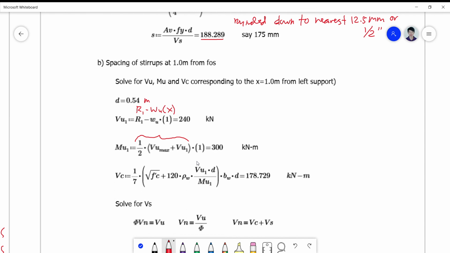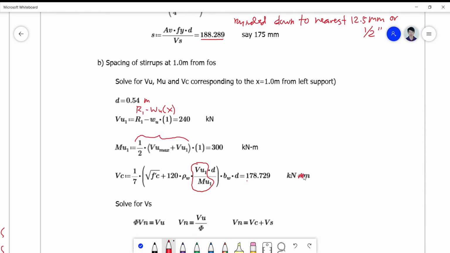So for the Vc requirement again, this part here is the one that changes, and simply substituting 240 all over 300 here, we obtain the contribution of concrete in terms of shear strength, which is 178.729 kilonewton.